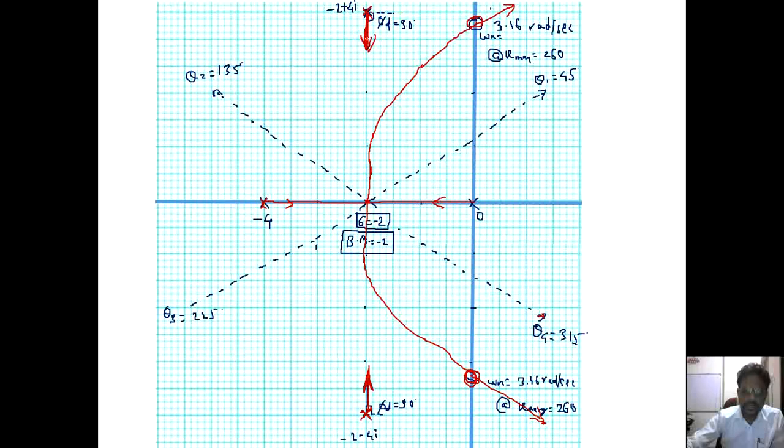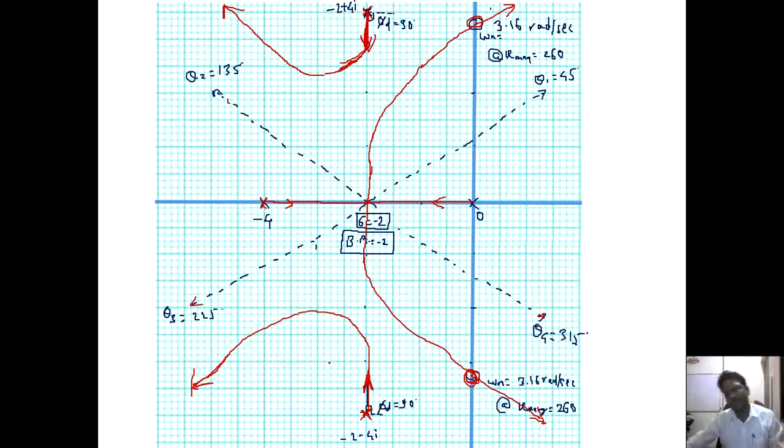After departing at 90 degree, they will turn and go to infinity along the asymptote. Likewise, this is the remaining asymptote, 225. From this pole, the root locus starts at 90 degree, and this will follow this asymptote.